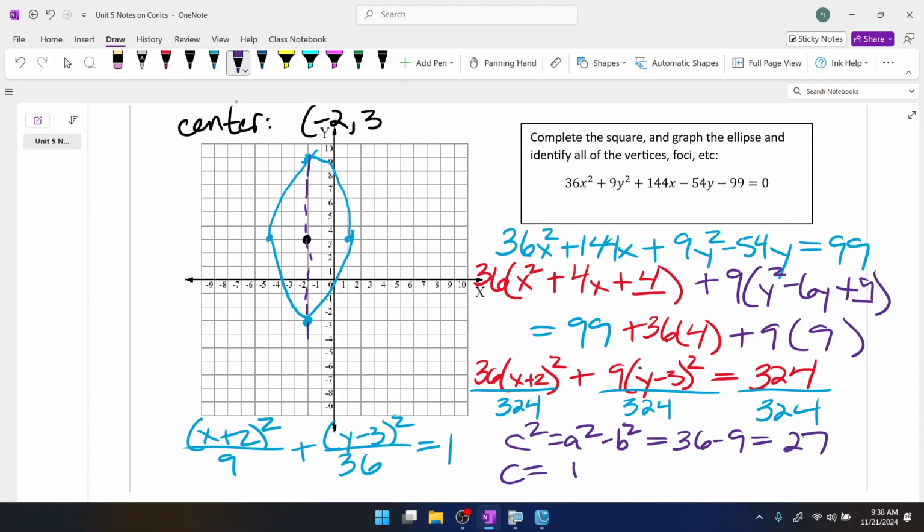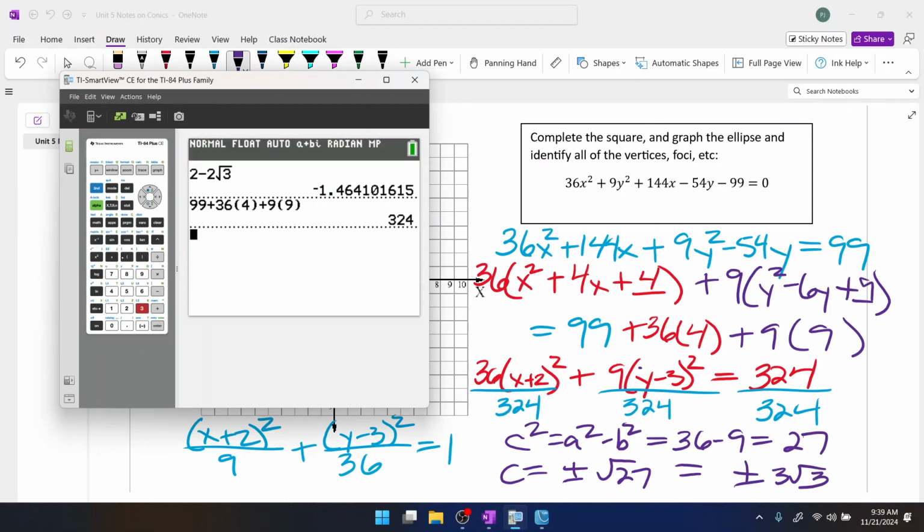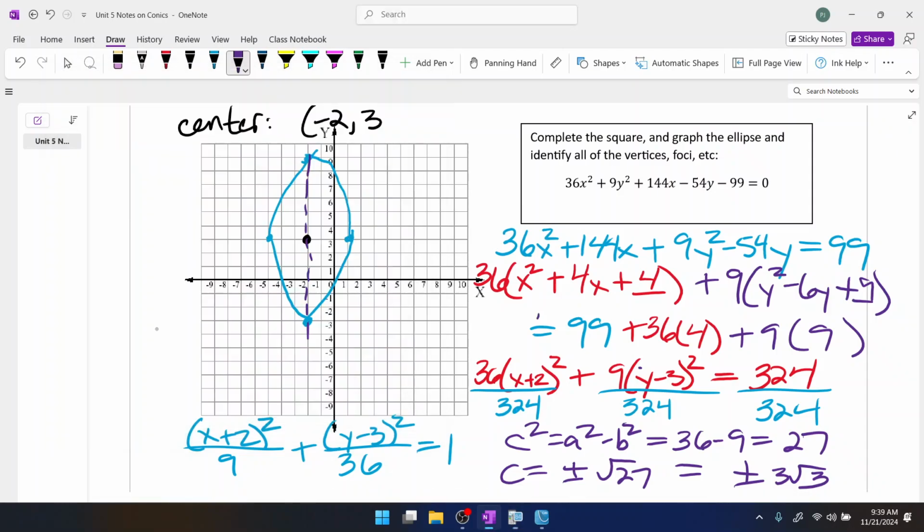C will equal plus or minus the square root of 27, which is plus or minus 3 root 3. And 3 root 3 is about 5.2, so you're going to go 5.2 units above and below.